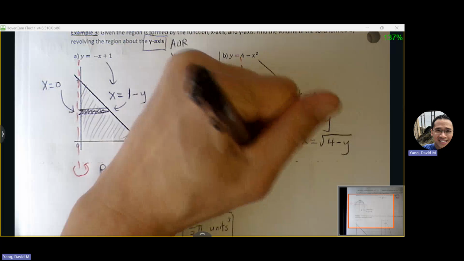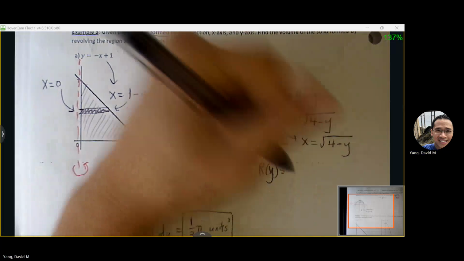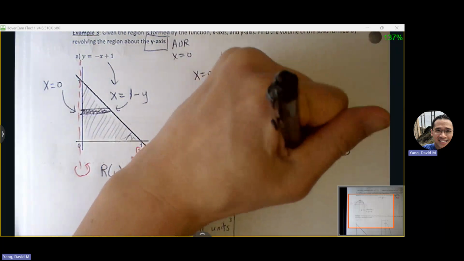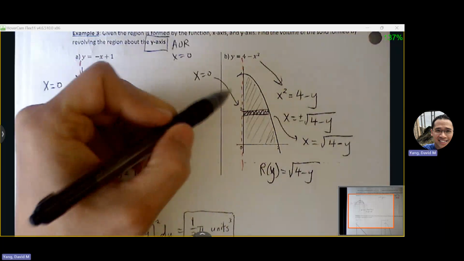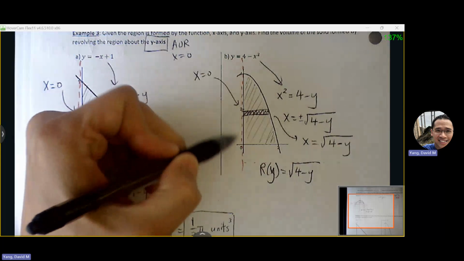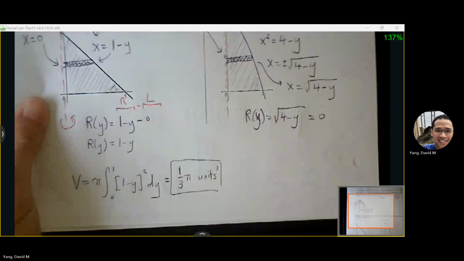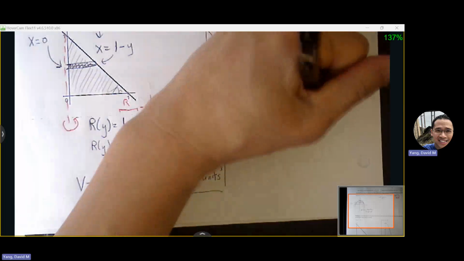Okay, let's build a radius. Sorry, so r of y is right minus left. The right boundary of my shaded region is the root 4 minus y. The left boundary of the shaded region is sitting as that x equals 0. Sorry, I can drop the 0.